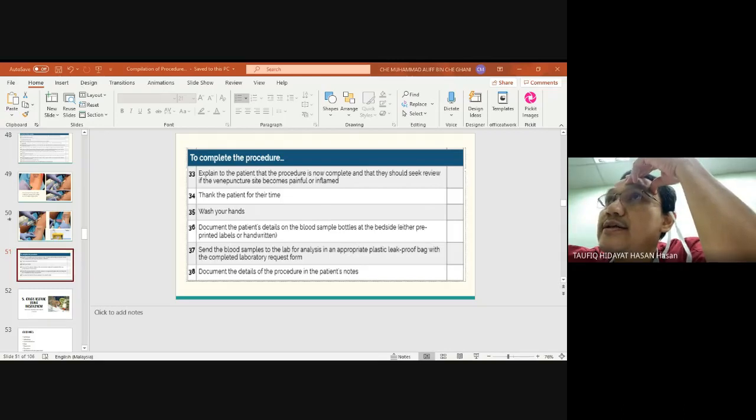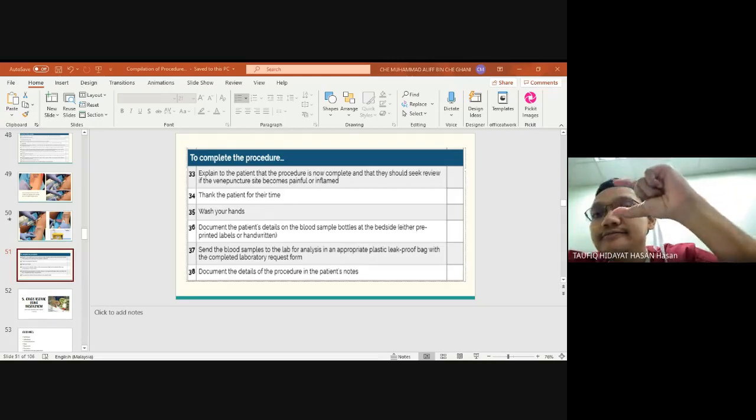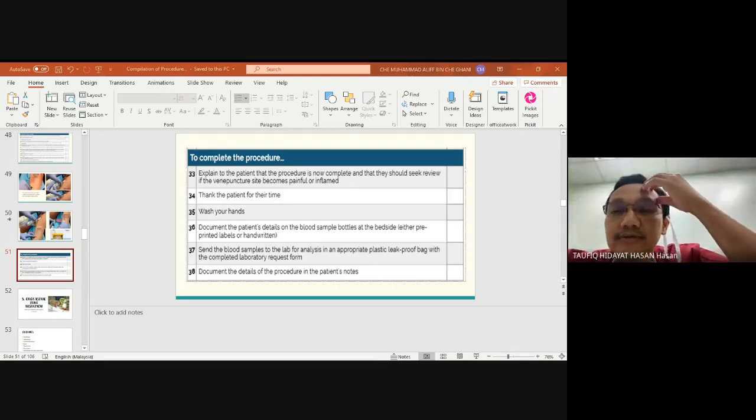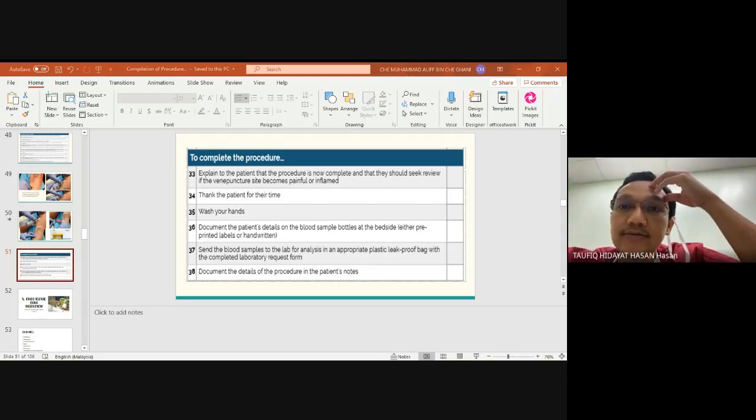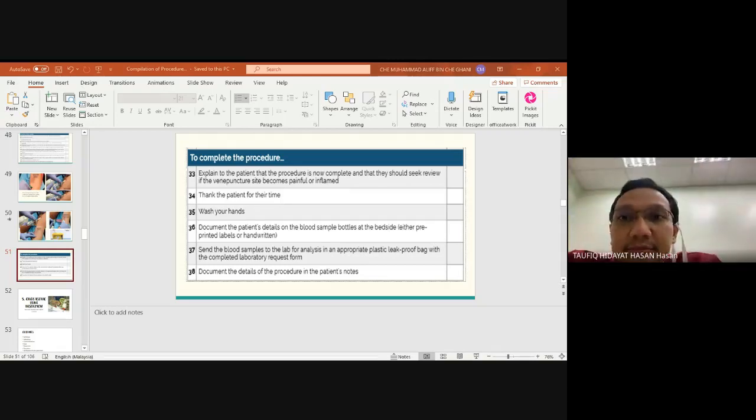But we don't let it drip, because it is blood culture, we need to draw it out. So after the cannula catheter is inserted, you attach a syringe and pull out. You collect the blood into the syringe, and after that you transfer the blood into the blood C&S bottle.